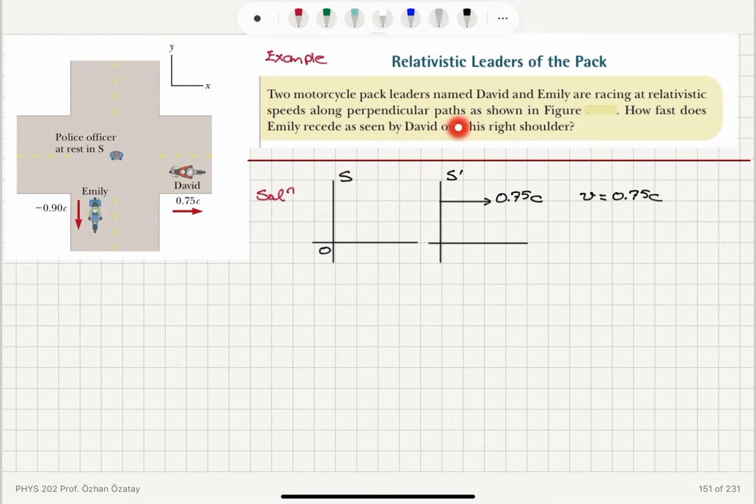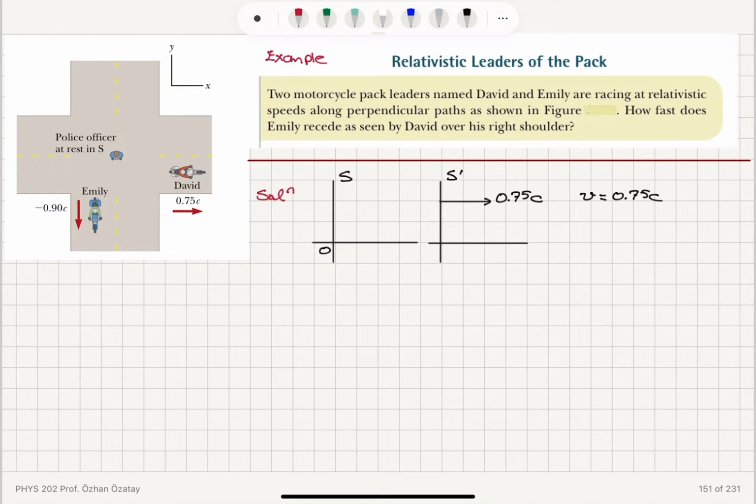So since David is reporting, David is the S prime reference frame that is moving with respect to the police officer at rest, S reference frame, at 0.75 c. So we can use the Lorentz velocity transformation to obtain the speed reported by the S observer.